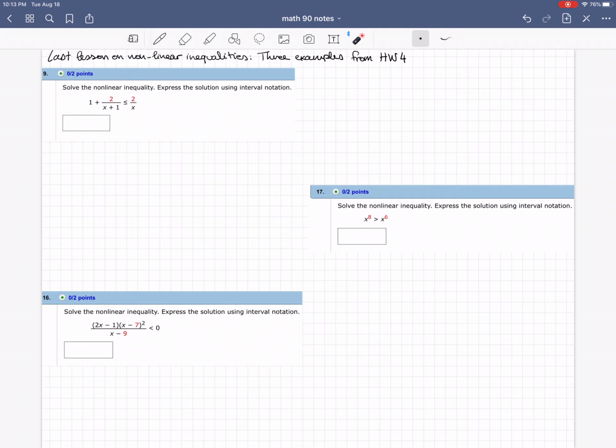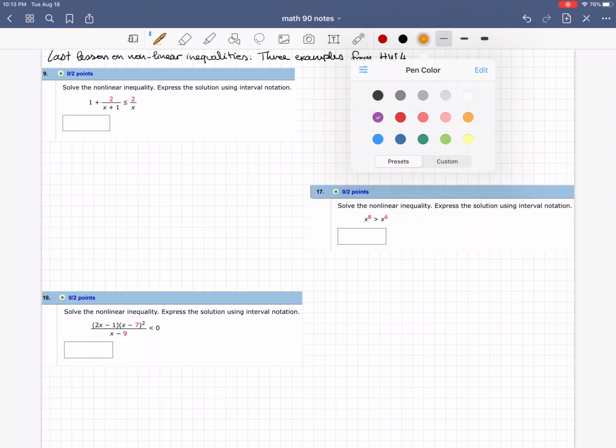Looking here, you'll notice that this inequality is not set to 0 on one side. You have 1 plus 2 over x plus 1 on the left and 2 over x on the right. I want to remind you of what we talked about in our previous lesson.